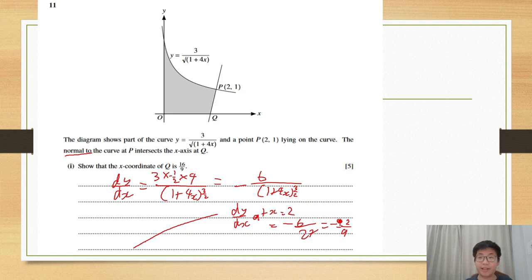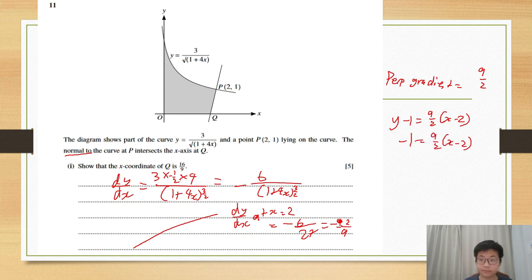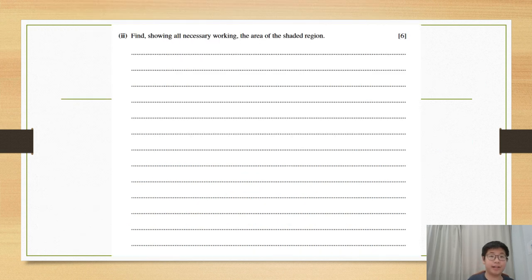So the perpendicular gradient equals 9 over 2. The equation of the normal is y minus 1 equals 9 over 2 times x minus 2. Then we calculate when y equals 0: minus 1 equals 9 over 2 times x minus 2. And then when we substitute, we get x equals 16 over 9.